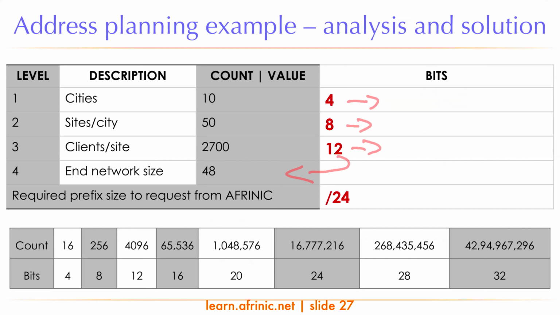If you add this up, it gives you 24. 48 minus 24 gives you /24. So you need to request a /24 from Afrinic. And you can see how simple it is. No stress of doing calculations and working with large numbers. Everything is in here.